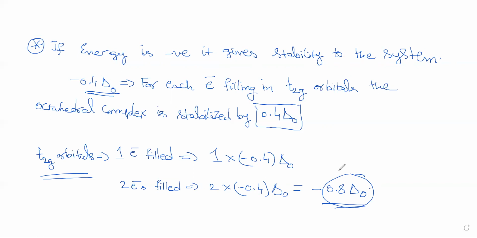Yes, sir. Now, when I say positive energy, what does it mean? Positive energy means destabilization of the octahedral complex. It's not that the complex becomes completely unstable if the electron goes there.